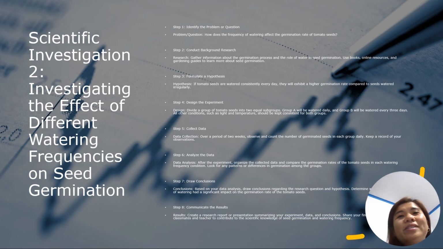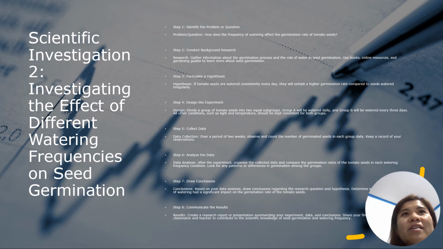Let's start with step 1, identify the problem or question. The question based on the title could be, how does the frequency of watering affect the germination rate of, let's have tomato seeds.